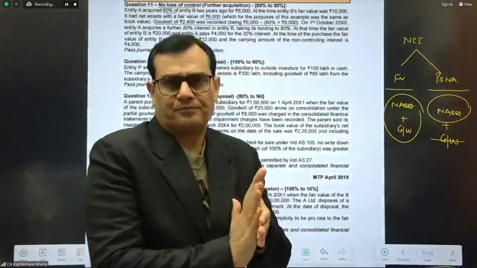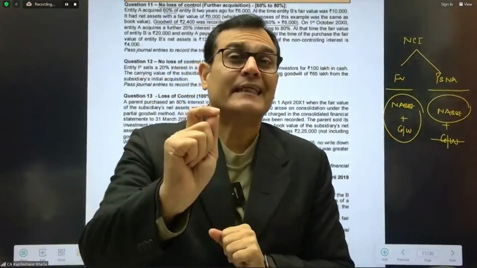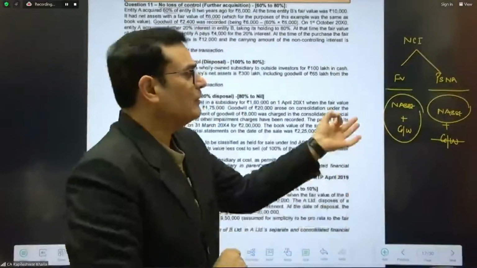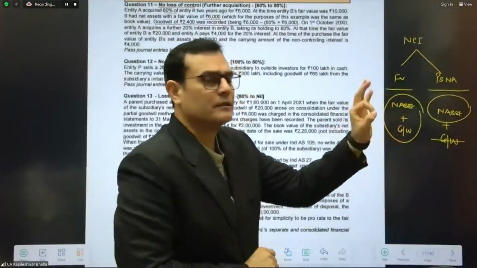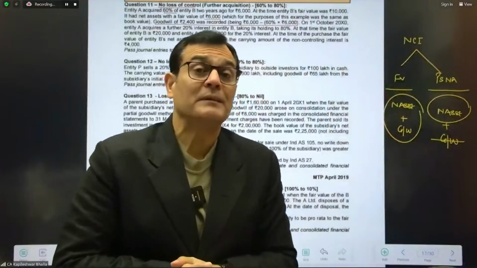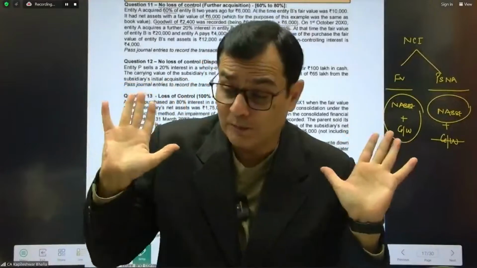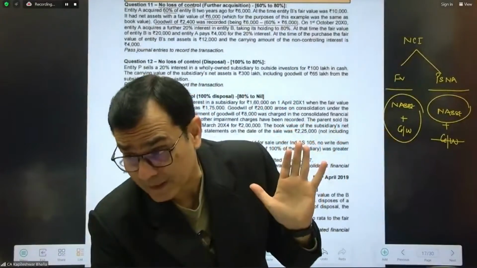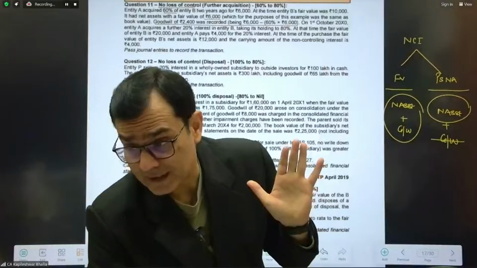Is the goodwill full? That means the NCI is taken at a fair value. Then the NCI's share will be calculated on the net assets plus the goodwill. But if your NCI is taken at PUSNA, it means a partial goodwill, then NCI will be recorded at a share in the net assets without goodwill. I hope I am pretty clear on that particular point. So let's take it further.